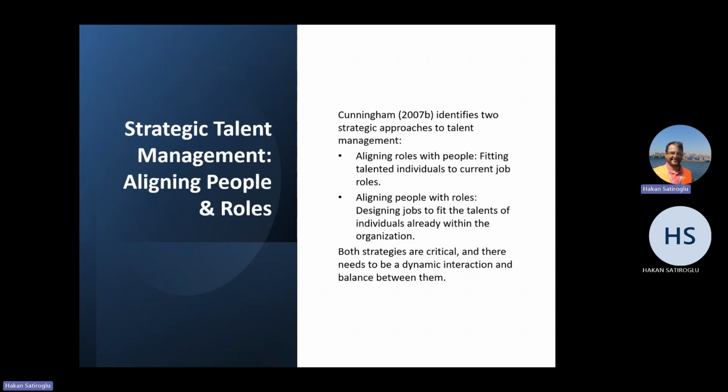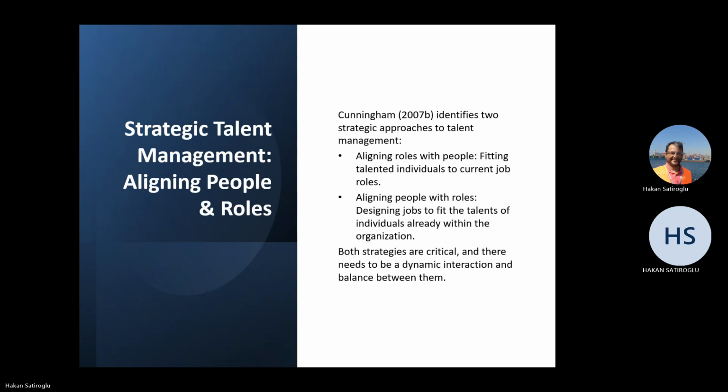Strategic talent management: aligning people and roles. I think more or less we mentioned aligning roles with people, fitting talented individuals to current job roles, and aligning people with roles, designing jobs to fit the talents of individuals already within the organization. So these are two strategic approaches. Both strategies are critical. There needs to be strategic, dynamic interaction and balance between them.